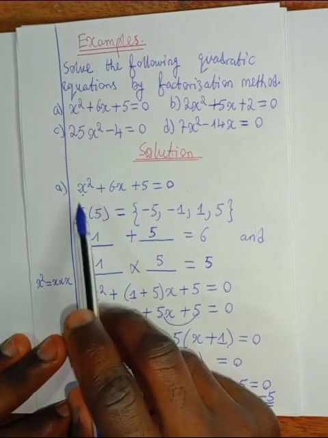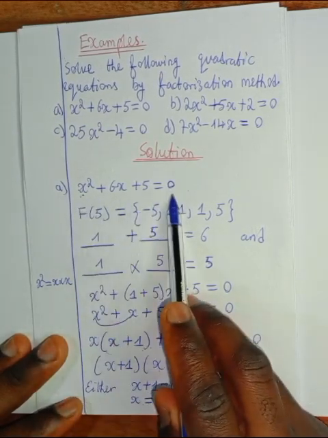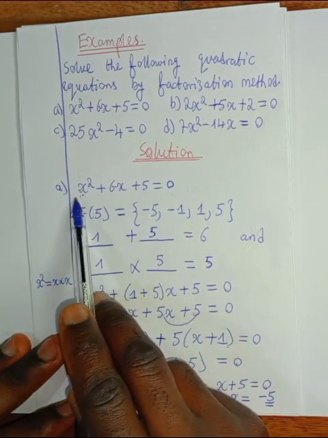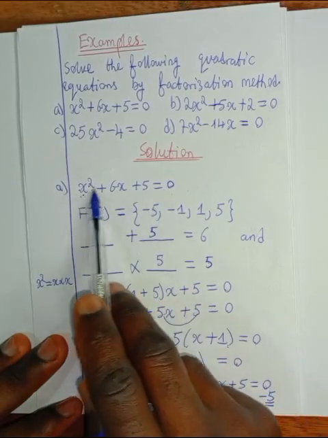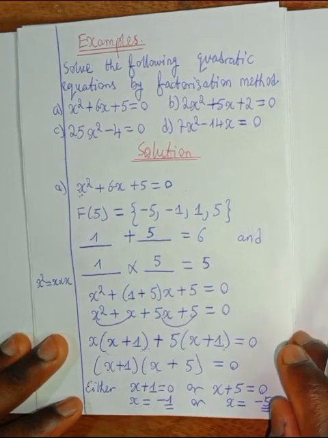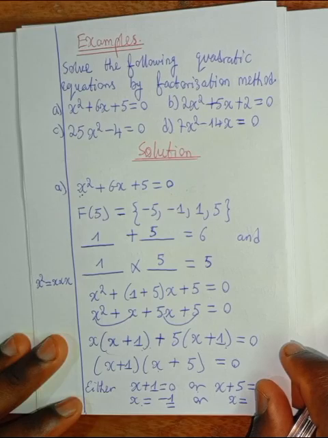It simply means if you replace x here with either -1, you simplify, you obtain 0. Or if you replace x here with -5, you simplify, you obtain 0. That's what it means. We move now to the next question, question B.